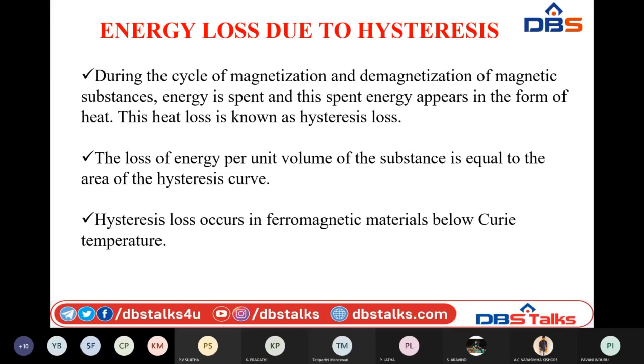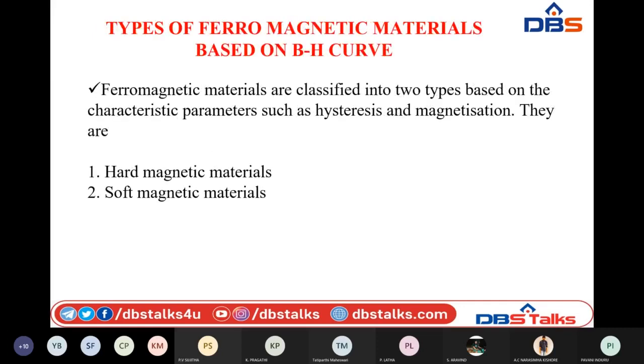This makes them behave like another type of magnetic material; ferromagnetic materials will behave like paramagnetic materials after the Curie temperature. This is how hysteresis loss is present in ferromagnetic materials, and based on the hysteresis curve, the area of the hysteresis loop and the magnetization capability of materials, ferromagnetic materials are again classified into two types: hard magnetic materials and soft magnetic materials.